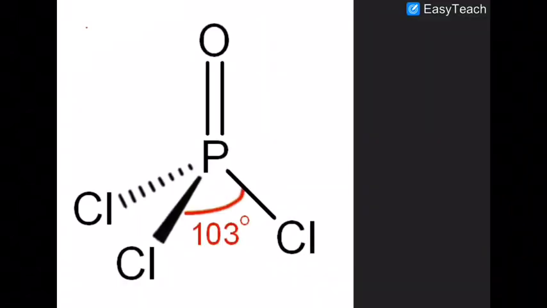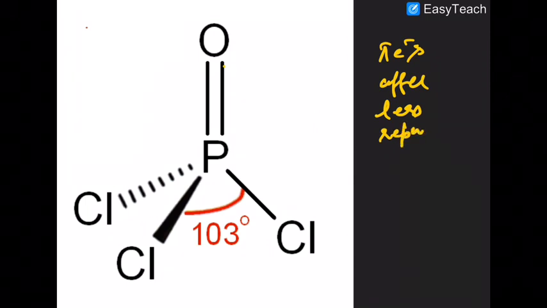But again look at that. You have the presence of pi electrons here. So due to the pi cloud, repulsion still exists, although less than that of a lone pair. Pi electrons offer less repulsion than lone pair.